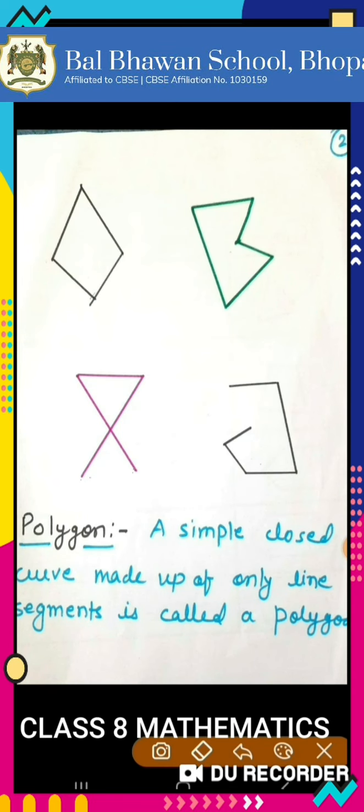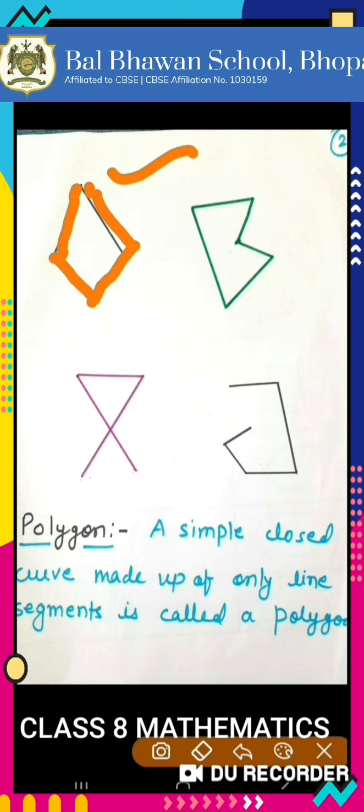Students, here you can see that a few figures are drawn. Now we have to see what the differences in these polygons are. Let's study these figures one by one. Let's see the first one. Suppose I am drawing this figure from this point. I drew the first side, then second side, then third side, and then fourth side.